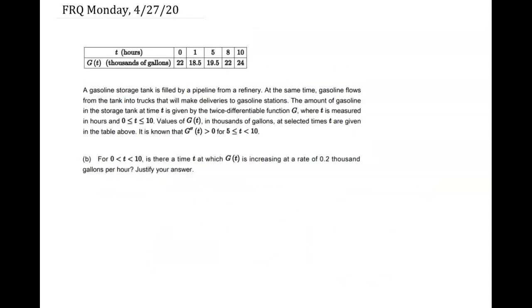For part B, we're looking for, is there a time t where g is increasing at a rate of 0.2 thousand gallons per hour?